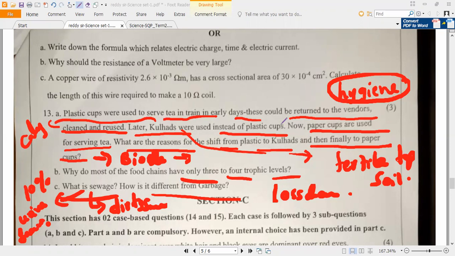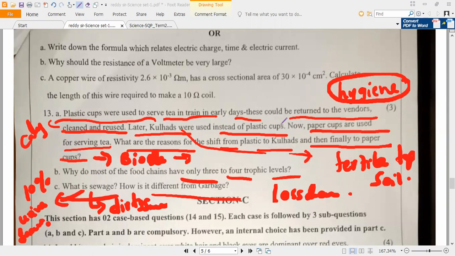Even sewage is a part of garbage, but sewage is the dirty drain water. Understand, everybody? Sewage is also a part of garbage, but garbage contains a lot of things, and sewage is only the dirty drain water.